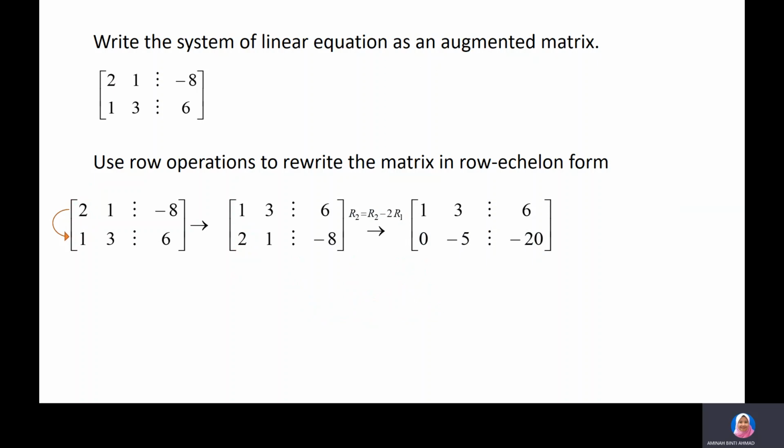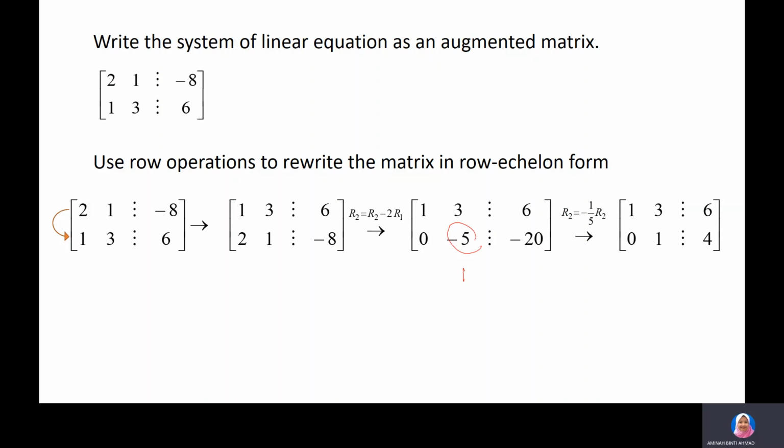Next we want to get this part equal to 1. So directly we can divide by negative 5: you write row 2 as negative 1 over 5 times row 2, and you will get the answer.